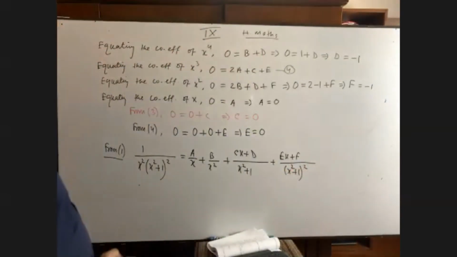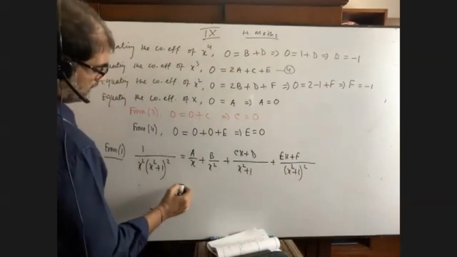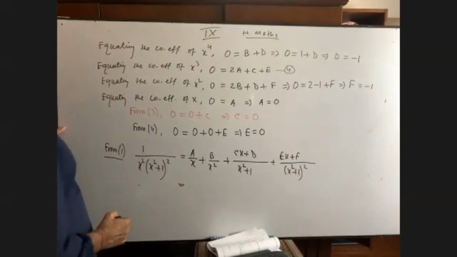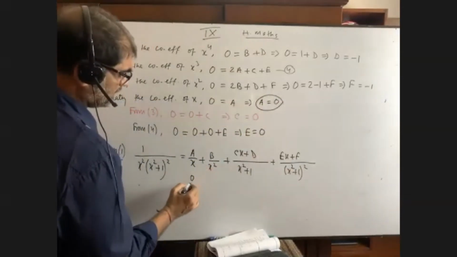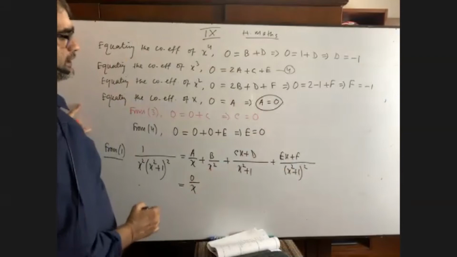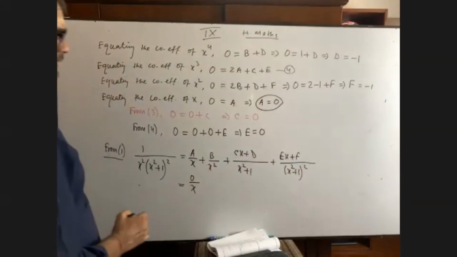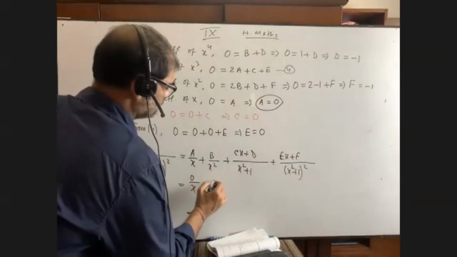It was number 1. Put the value of a. A is 0, so 0 by x. What is b? Can you remember what was b? B was 1.